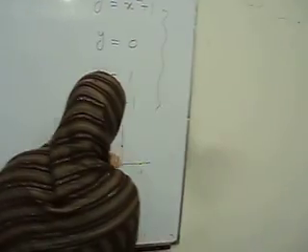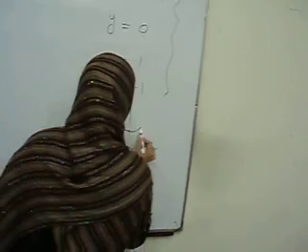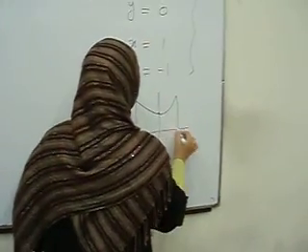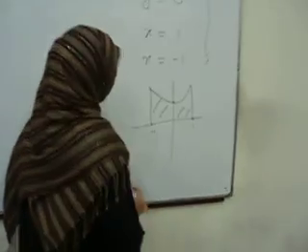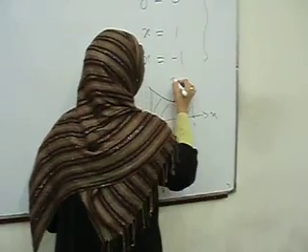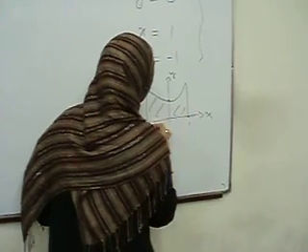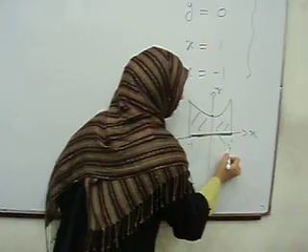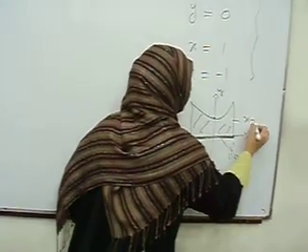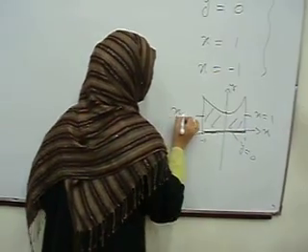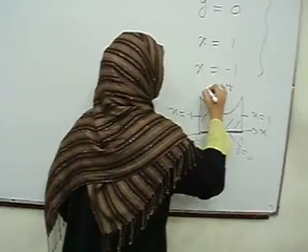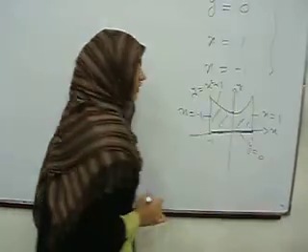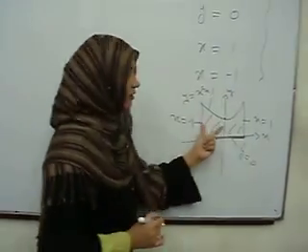If I plot it, a parabola, this whole region is y equals 0. This is x equals 1. This is x equals minus 1. And this is y equals x squared plus 1.